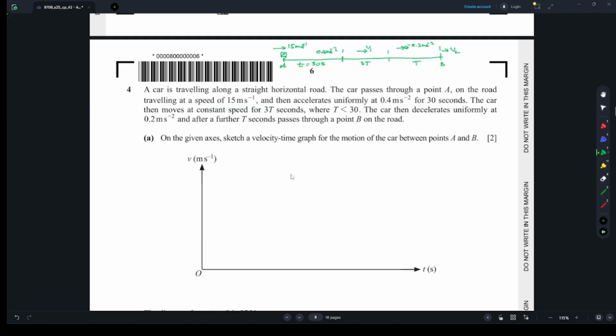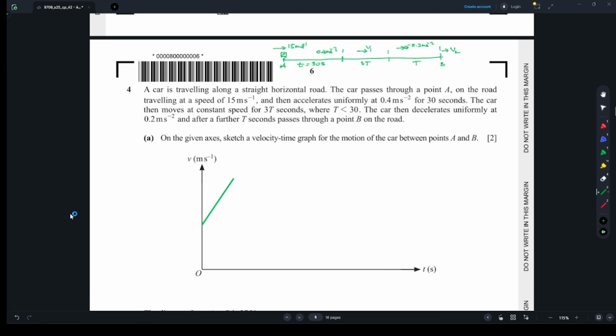So you have to draw the graph for this, and they gave you 2 points for the correct graph. Let's start. At time 0, it passes point A with a speed of 15.